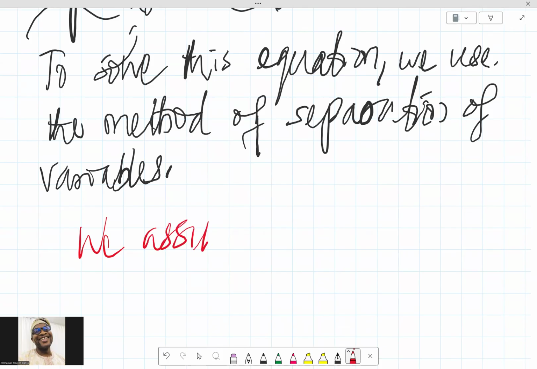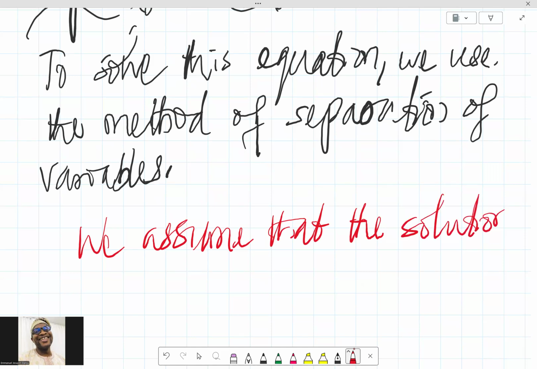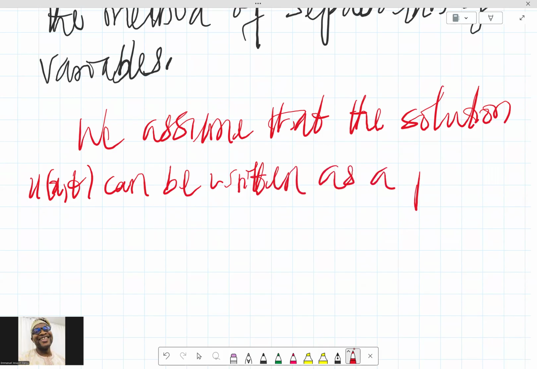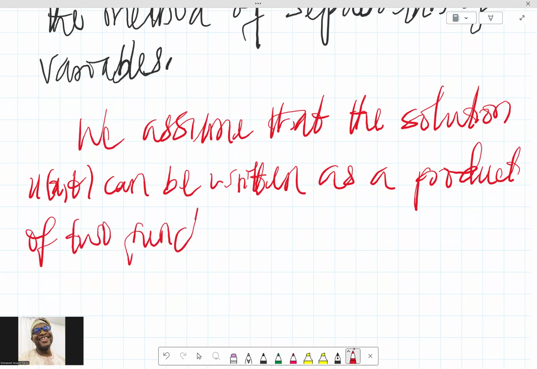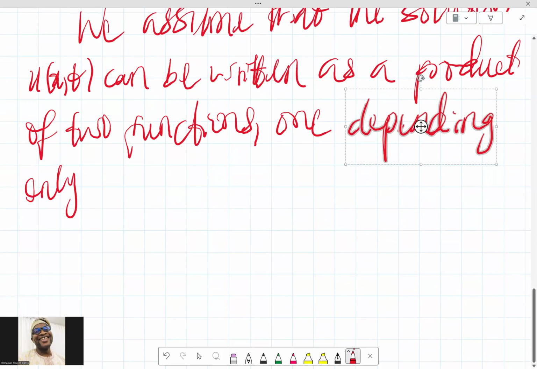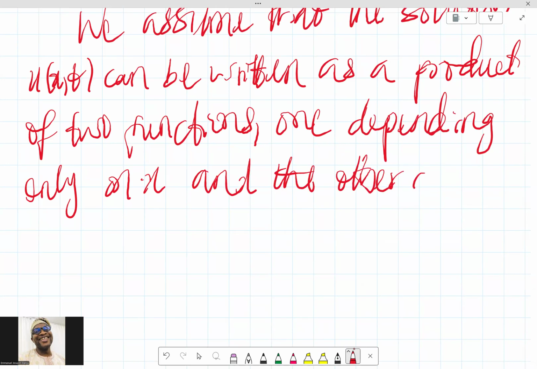We assume that the solution u of x comma t can be written as a product of two functions, one depending only on x and the other only on t.